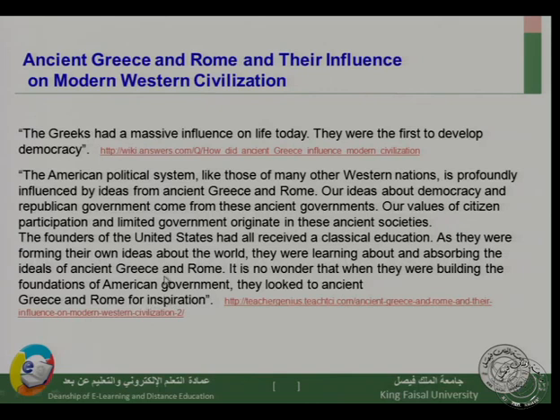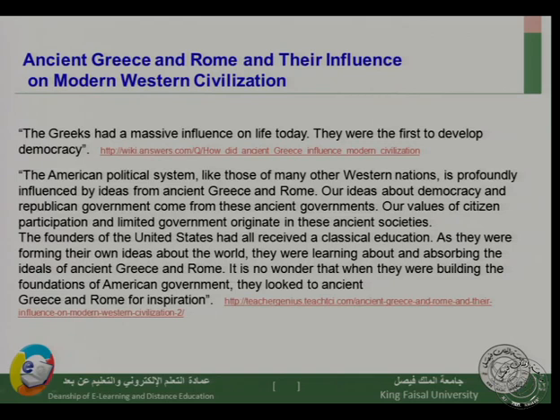So they were influenced by the Greek and Roman laws, teachings, and philosophies.